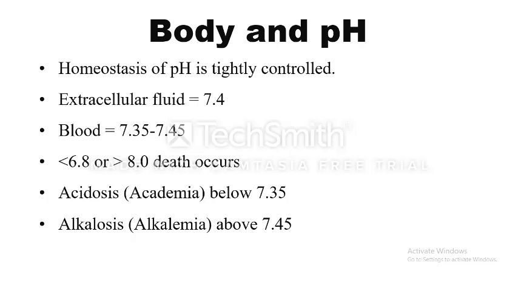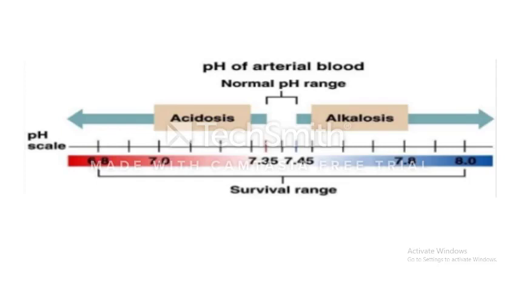Acidosis is also called acidemia. It takes place when the pH is below 7.35. Another condition, alkalosis, also known as alkalemia, takes place above 7.45 pH. Here you see the survival range of pH is 7.35 to 7.45.